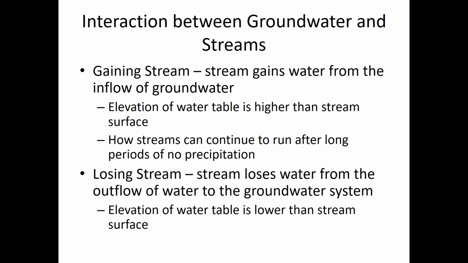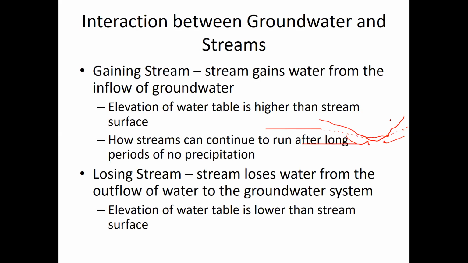This is how some streams continue to flow long after periods of no precipitation. So for example, if this is the surface, this is a stream channel, and this is the water table. Because the water table over here to the left and right is higher than the elevation of the stream, water will keep on flowing into the stream channel.